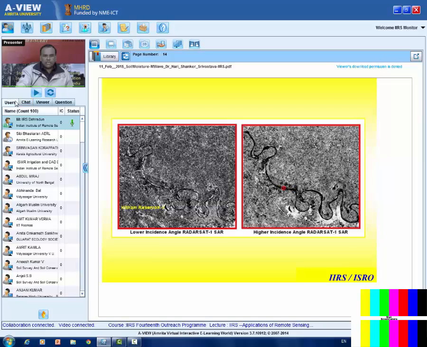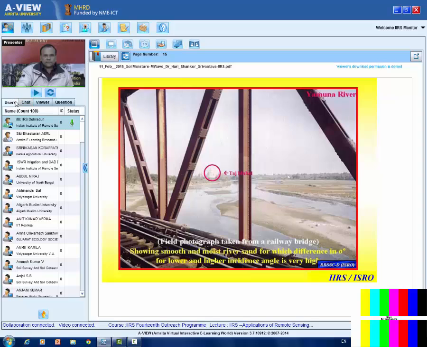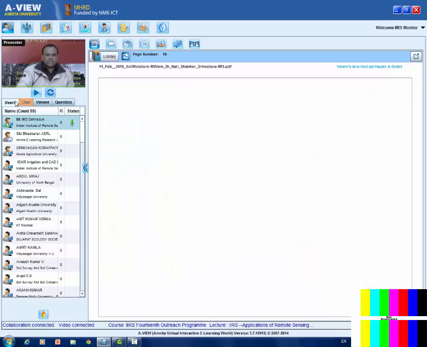Whereas on high incidence angle, the dark line or water gives low backscatter, as well as the smooth river sand is also giving low backscatter. Now what does it indicate? It again indicates that if we have multi-incidence angle data, we can again characterize surface roughness.